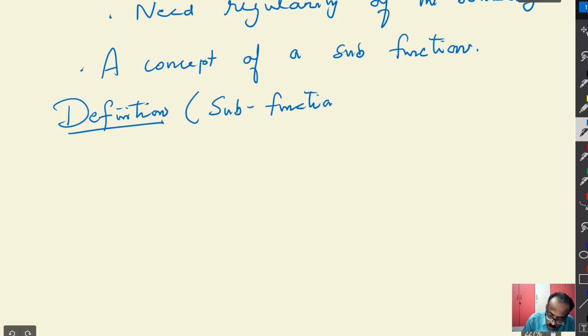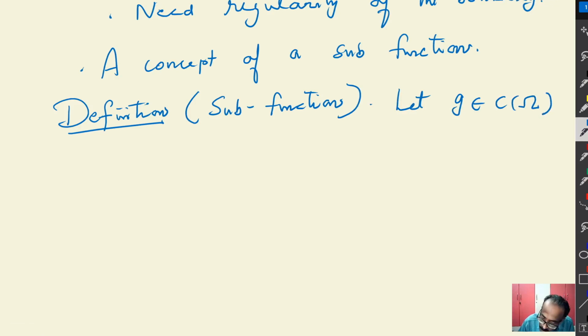Let g belong to C of the boundary of omega, a continuous function on the boundary.